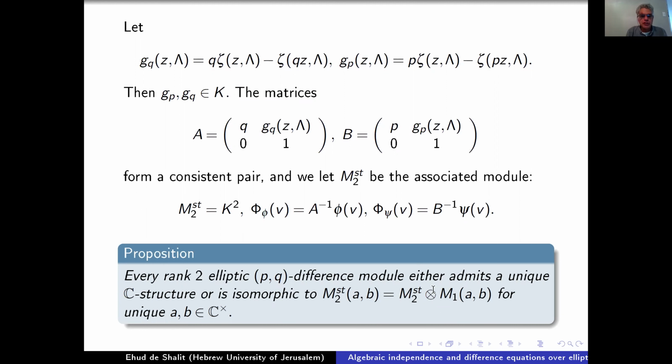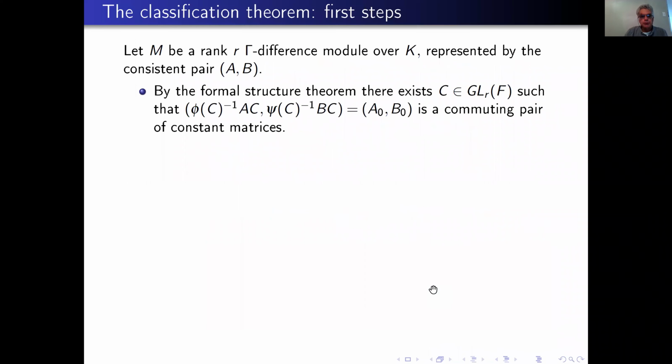Okay, so this starts looking like a nice structure theorem that should tell us something eventually about the problem that we are looking at. So how does the classification of gamma difference modules over K proceed in general?